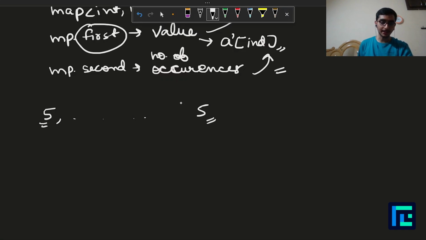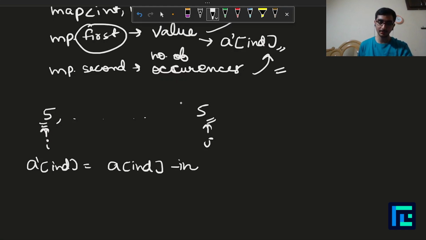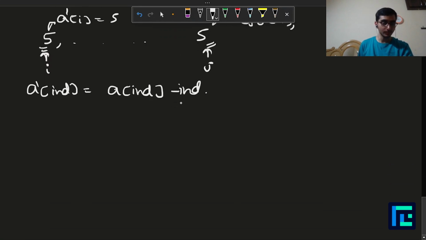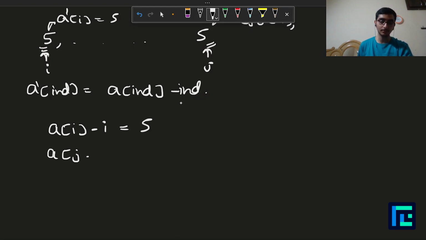This means that if this is index I and this is index j, as A dash of index is equal to A of index minus the index, that means if A dash of I equals 5 and A dash of j equals 5, this also means that A of I minus I is 5 and A of j minus j is also 5.